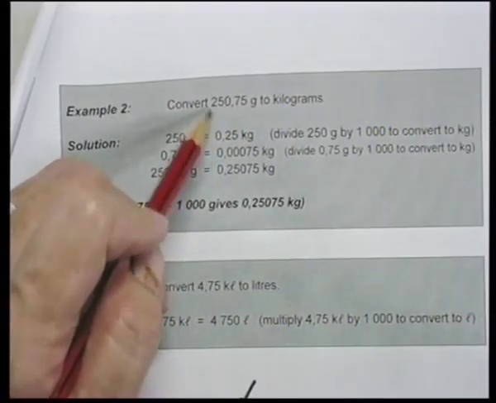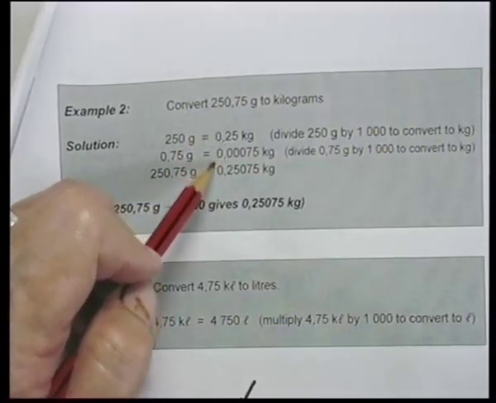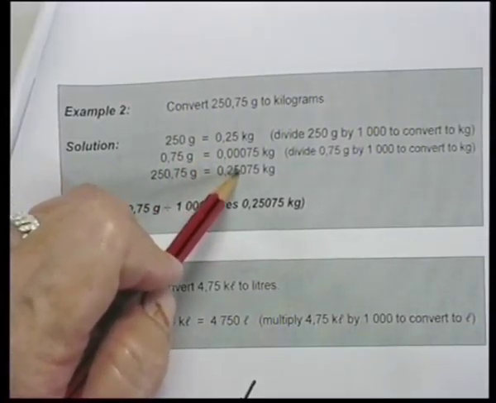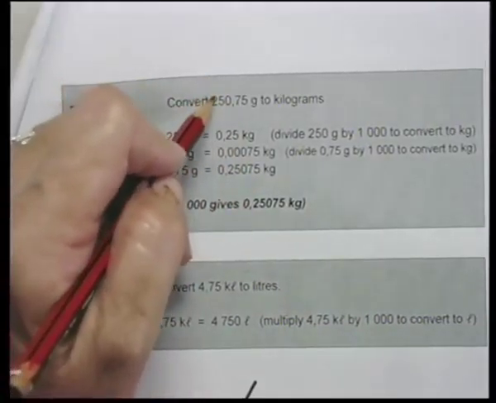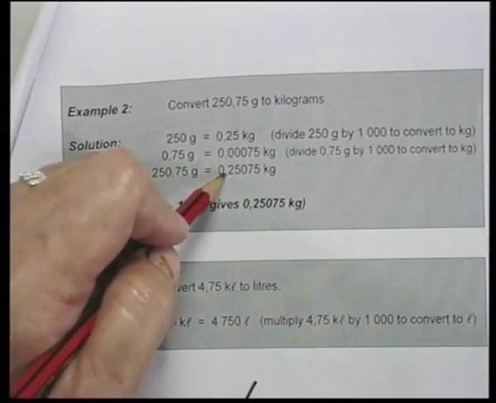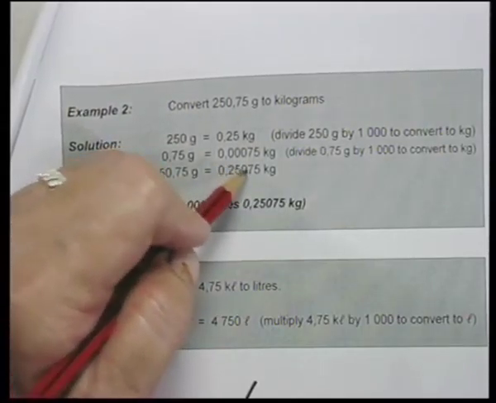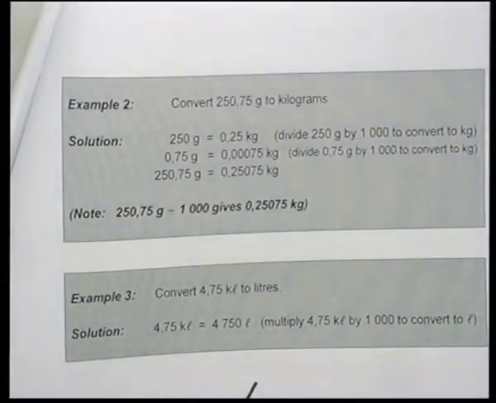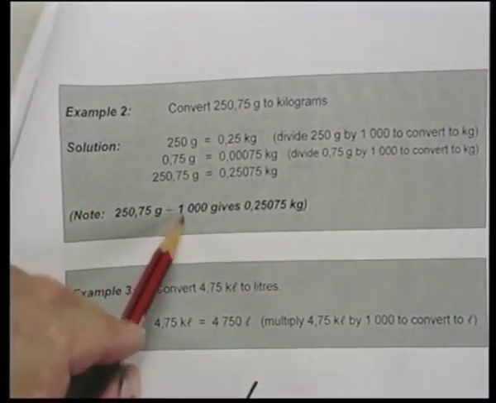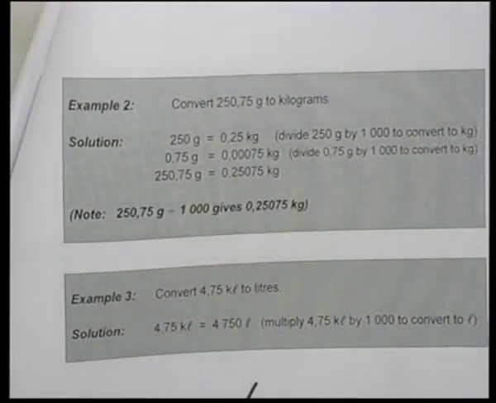So the answer will be 0,25075. We use that number and we put a 0 in the front, comma, 1, 2, 3 places, the comma was there, kilograms. We divide by 1,000 and we must make sure we write down the unit, kilograms.